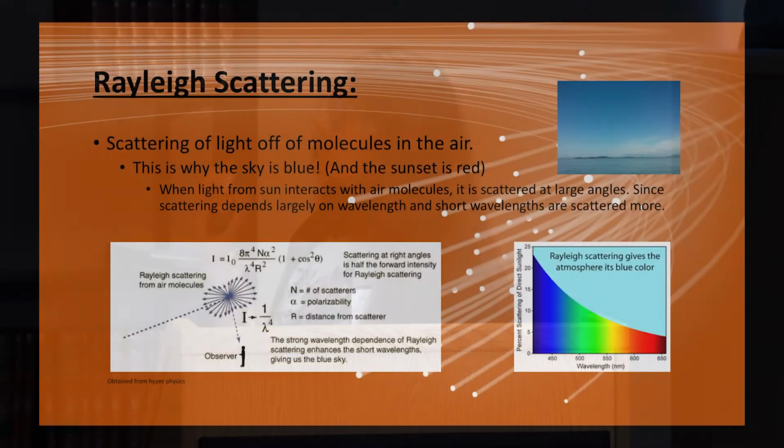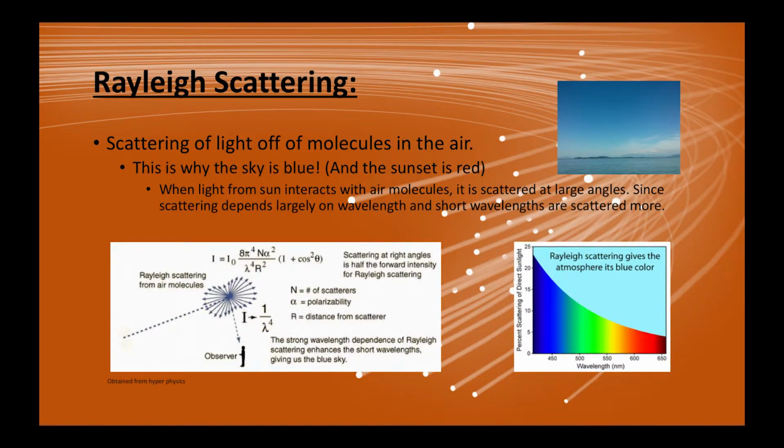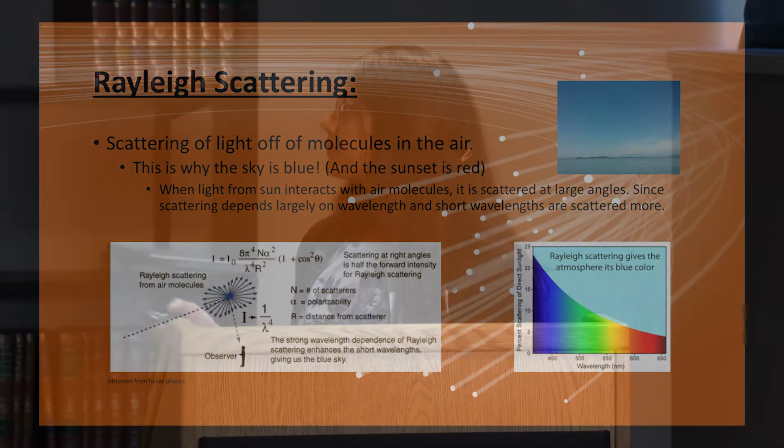Before I go into my experimental setup, I want to talk about Rayleigh scattering. This is important because it ties into my experiment. Rayleigh scattering is nothing but scattering of light off of air molecules. This is actually the reason why our sky is blue in the mornings. And Rayleigh scattering depends highly on the angle and the wavelength.